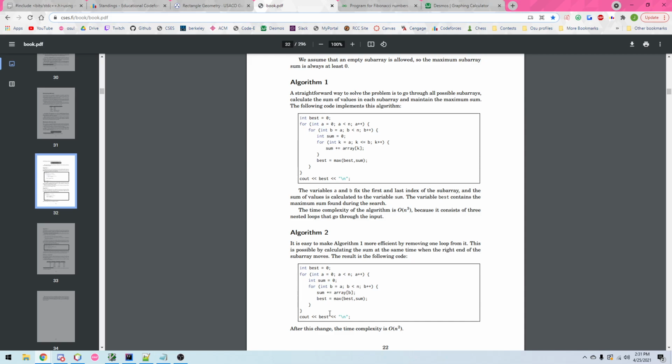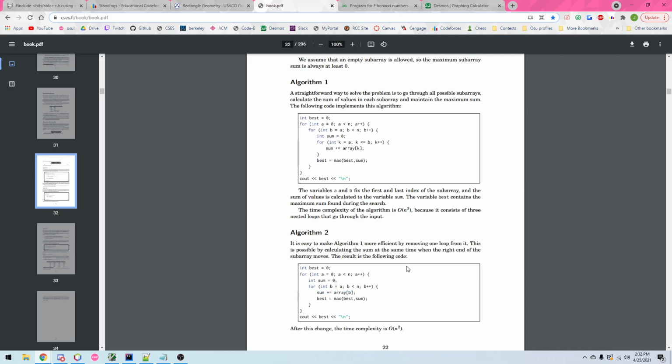So it's just Kadane's algorithm, but it's just removing a for loop. But they're saying you just calculate the sum when you move the right end of the subarray. Oh wait, I see it now. Yeah, I see it. So it's just gonna increment its sum at each step. It's gonna increment its b, which will represent your endpoint, and then each time it's just gonna add that last item.